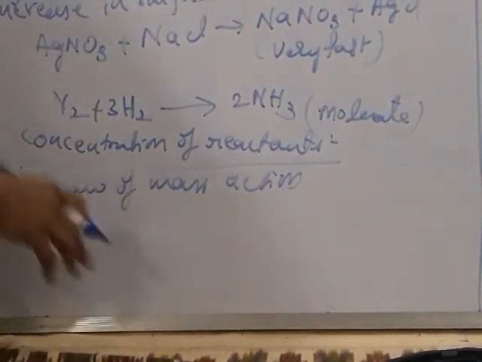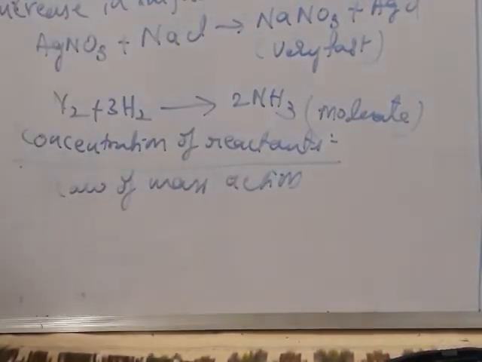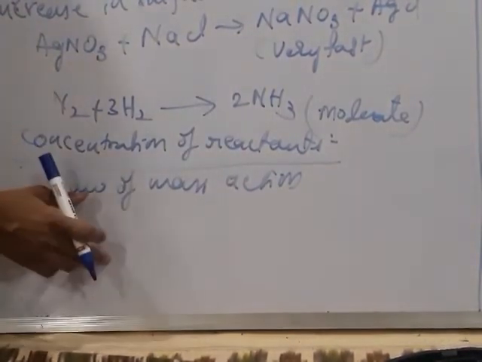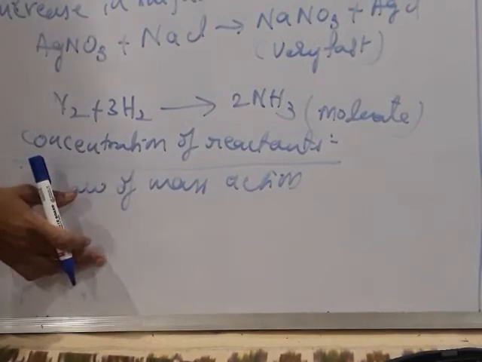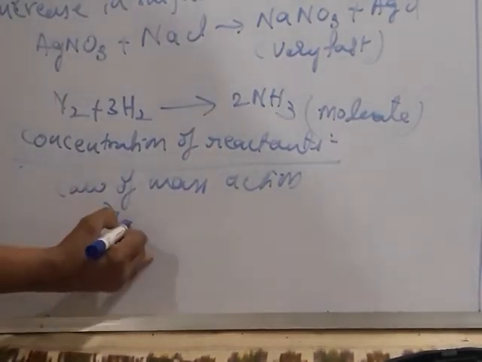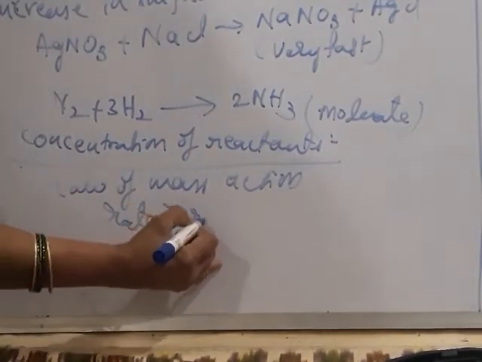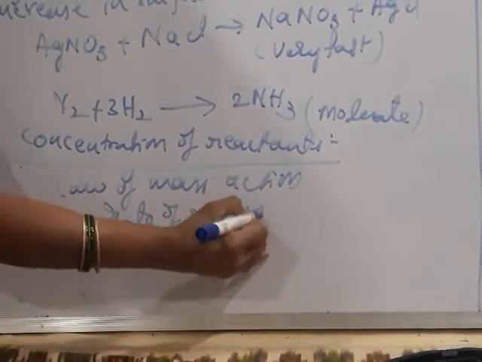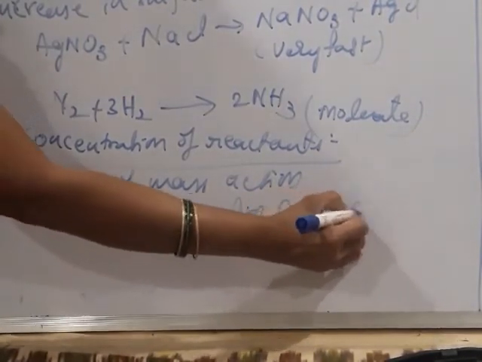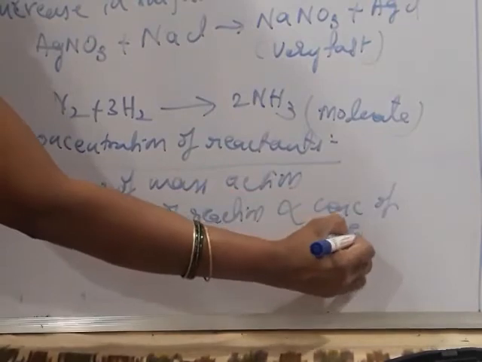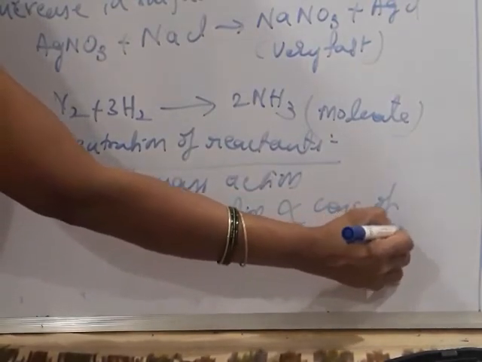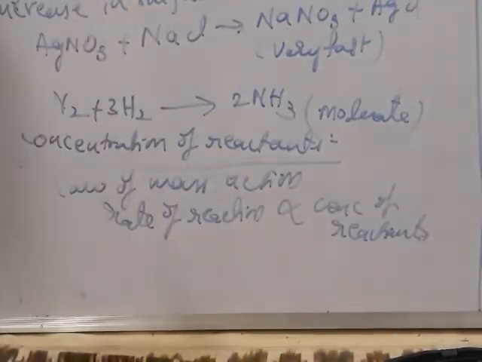Okay. As concentration of reactants increases, rate of reaction also increases. Okay. So rate of reaction is directly proportional to concentration of reactants. So this is according to law of mass action.